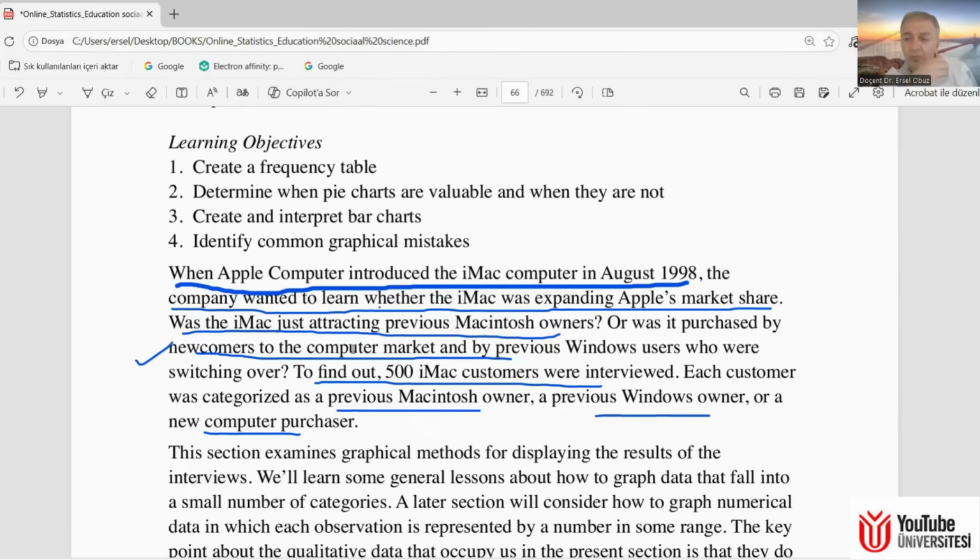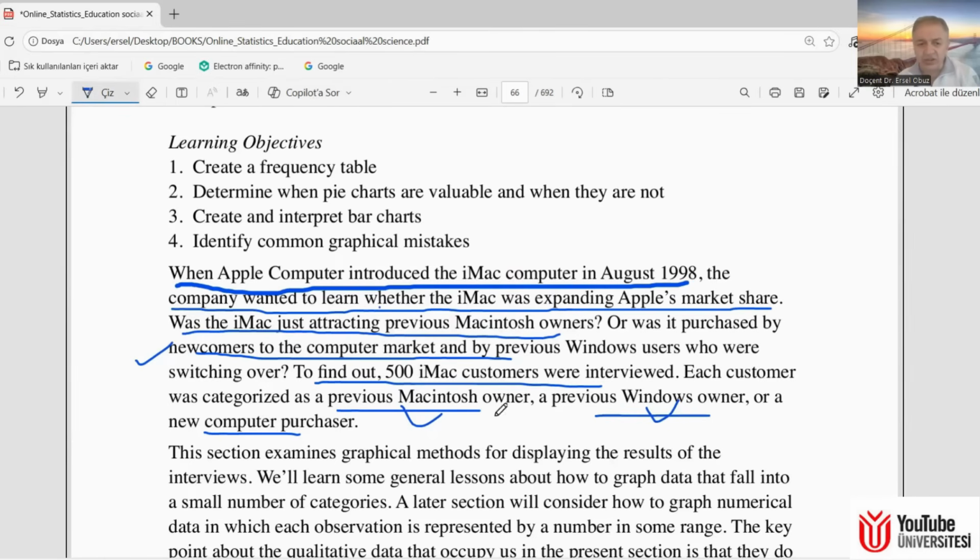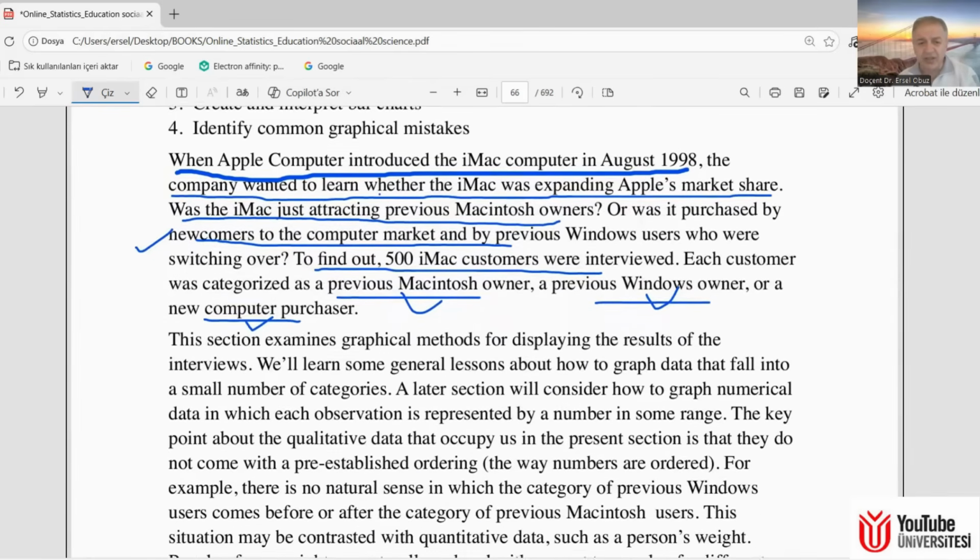So to find out this research question, they interviewed 500 iMac customers. Each customer was categorized either as a previous Mac owner, previous Windows owner, or new computer purchaser. Let's see the categories here.